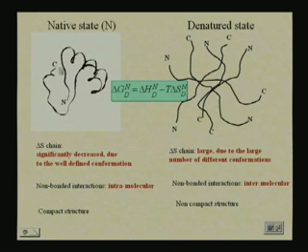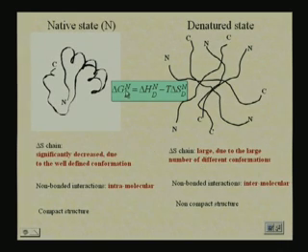So, what do we have in the native state? We have a compact structure, intramolecular non-bonded interactions, and the entropy is significantly decreased because of the well-ordered conformation. For the denatured state, what are the features? We have a non-compact structure, intermolecular non-bonded interactions, and a large delta S due to the large number of different conformations.